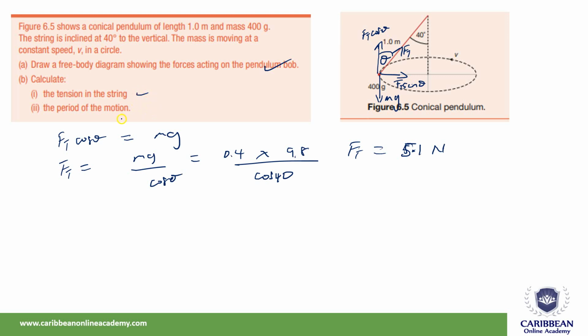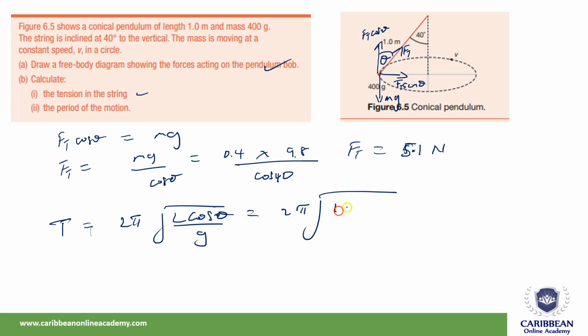Now it wants us to find the period of the motion. We just derived the equation for period that says T is equal to 2 pi times the square root of L cos theta divided by g. So we could essentially put in the values for this. So 2 pi times the square root of L, which is 1 meter, times cos of 40 divided by 9.8. Let me just check something.